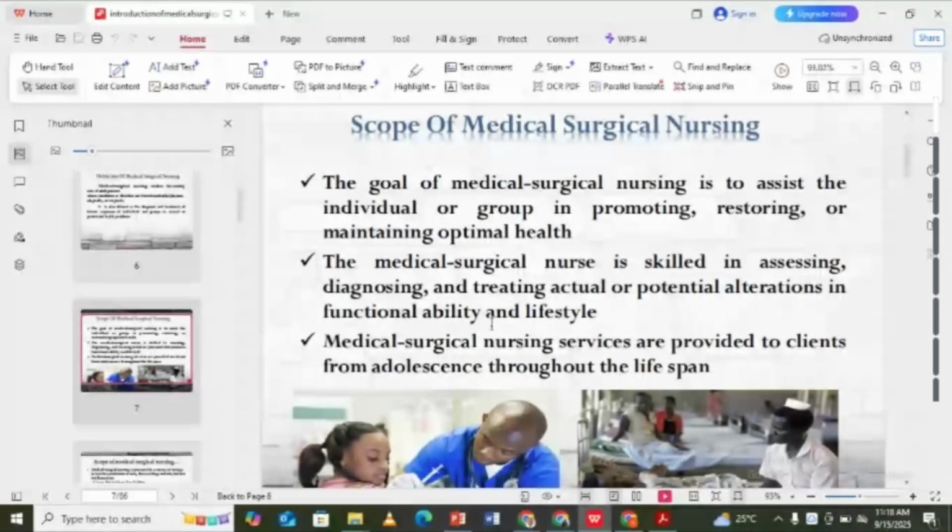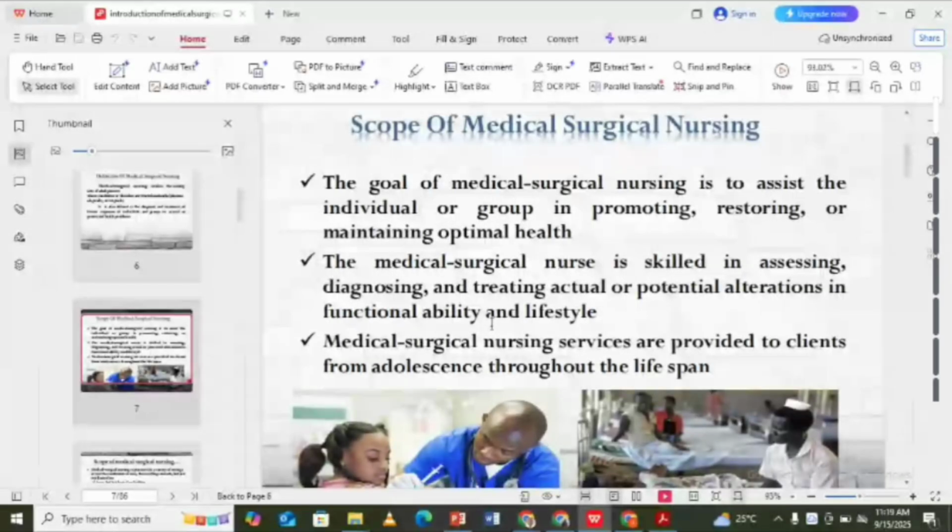Thank you. The major goal of medical surgical nursing is to assist you as the healthcare provider to promote, restore, and maintain optimal health for your patients. So, as that medical surgical nurse, you should be skilled.